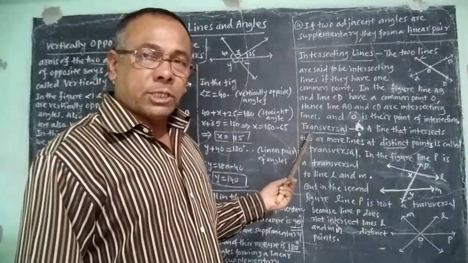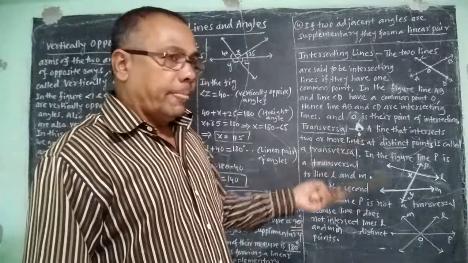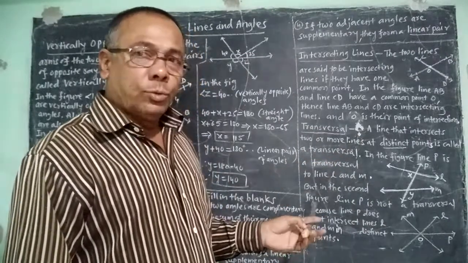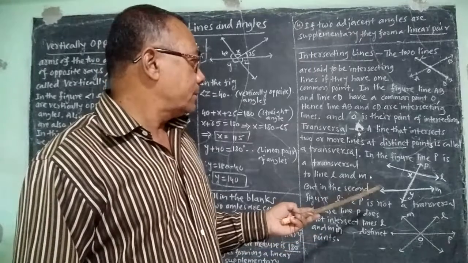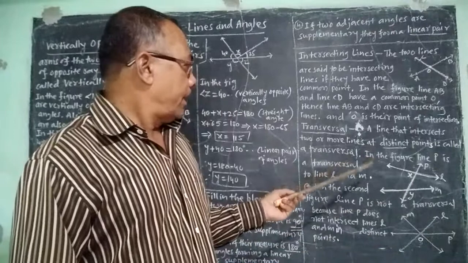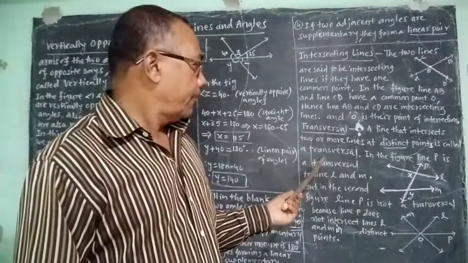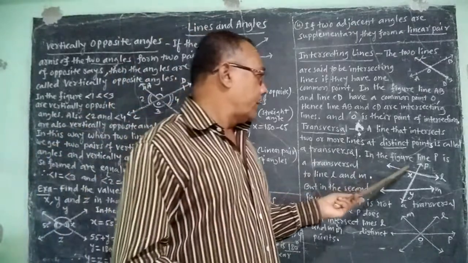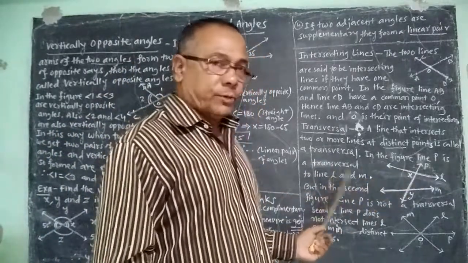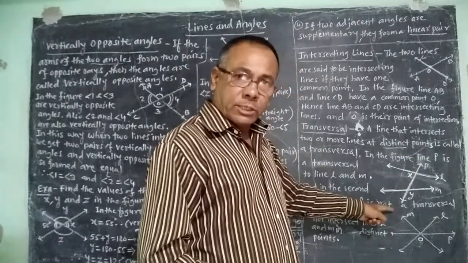Now our next concept is a transversal. A line that intersects two or more lines at distinct points is called a transversal. Here in the figure, line P is a transversal. Why is it called a transversal?